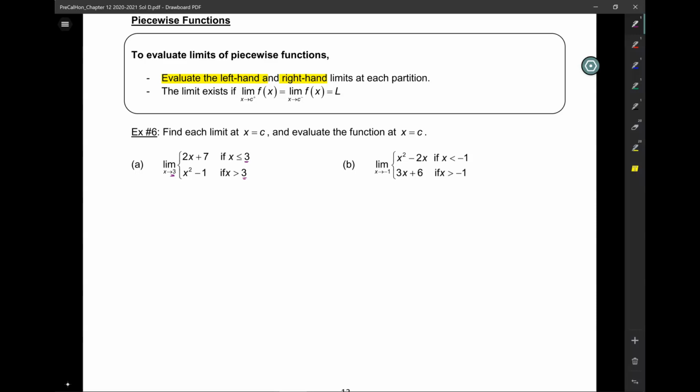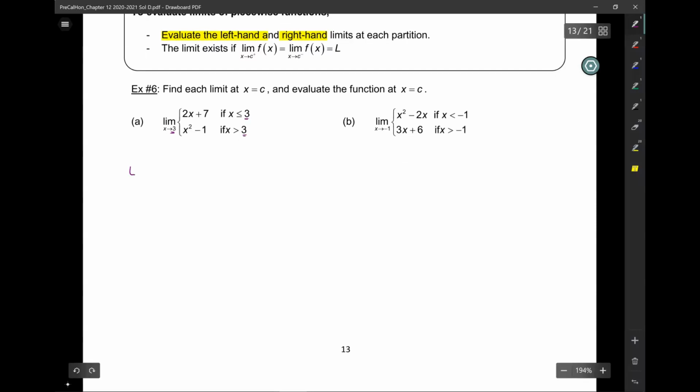What you have to do every single time is a two-step process. Limit as x approaches 3 from the negative side of this function on the left-hand side. You just plug in 3.